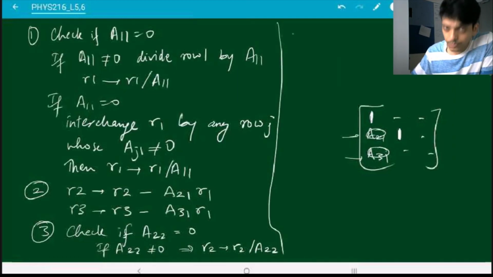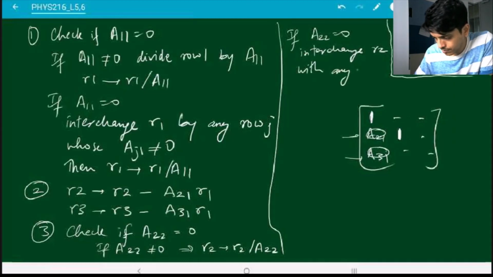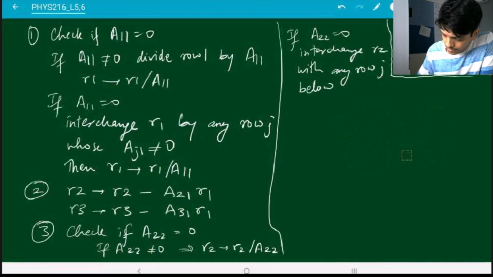But if it is equal to 0, then again you interchange row 2 with any row below that, such that Aj2 is non-zero.